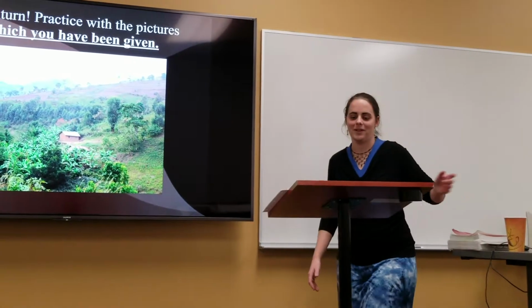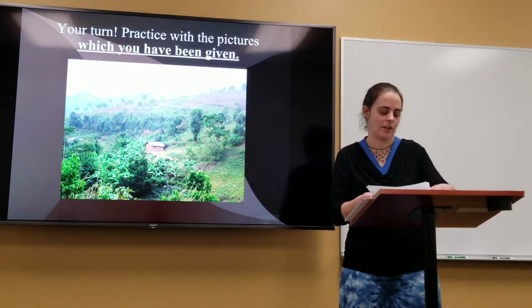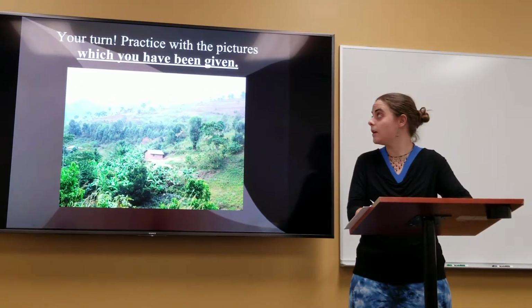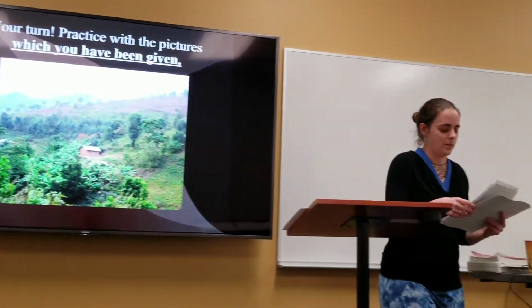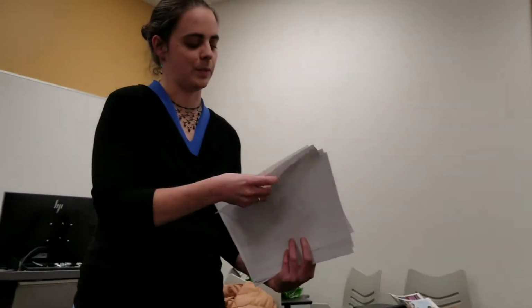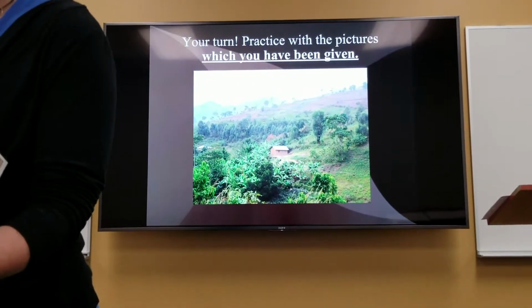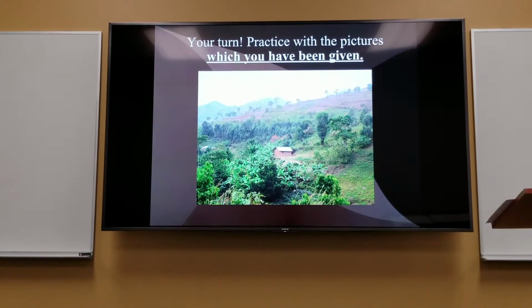And so now the activity that I'd like to demonstrate is to describe the pictures which you have been given. So basically taking these pictures, and I'll give you each a couple. You would do this in small groups if you were in my class of 53. But each of these shows pictures that you can describe.